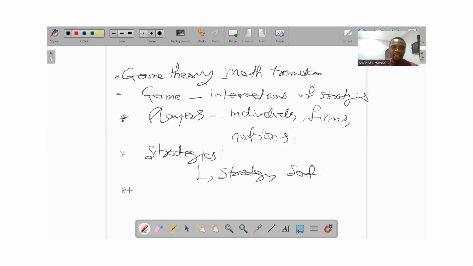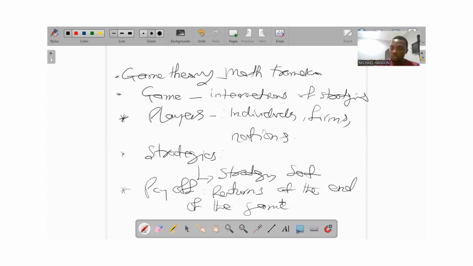Now, whenever the game is being played, at the end of the game, I don't sleep, you don't sleep, whichever reward accrues to us, whichever returns we receive, that return is called the payoff. The payoffs are the returns at the end of the game. So by way of recap, these are what we treated in our previous video on game theory 101, part one, basic concepts.